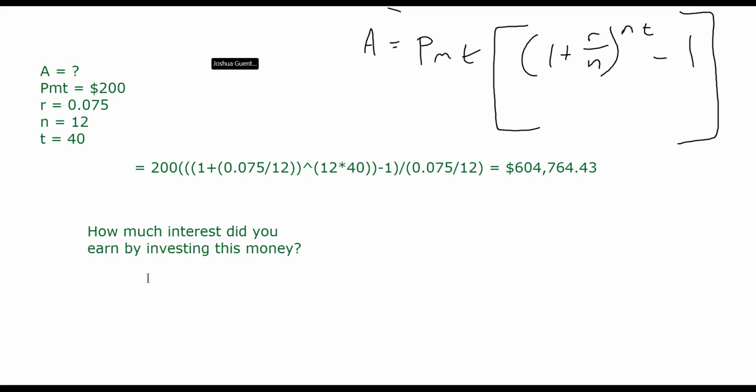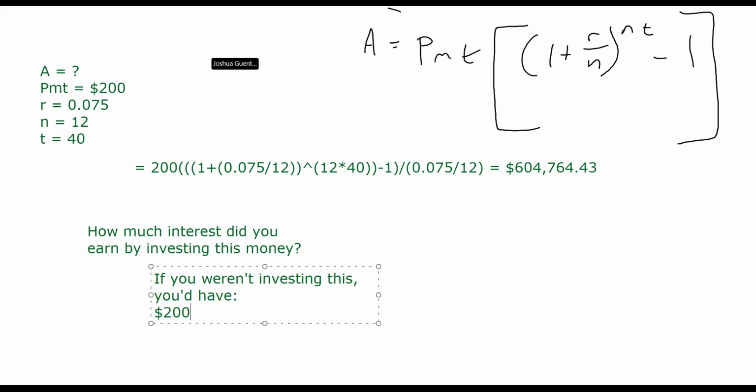Well, if you weren't investing this, you'd have $200 that you're doing 12 months a year for 40 years. You would have 200 times 12 times 40, which I think will be $96,000. Yep. Yowzers. Wow.